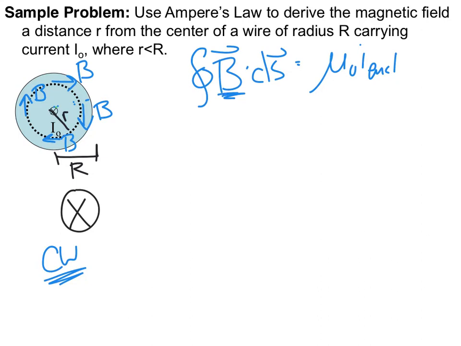If I pick a path to walk that is parallel at all points in terms of direction with my magnetic field, then B dot ds, that dot product, should simplify. So if I can say that B and ds are always pointing in the same direction, and I can say that B is constant everywhere along that loop, then my integral looks like this.